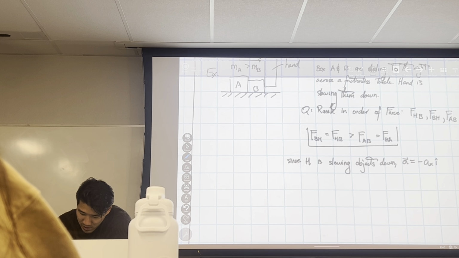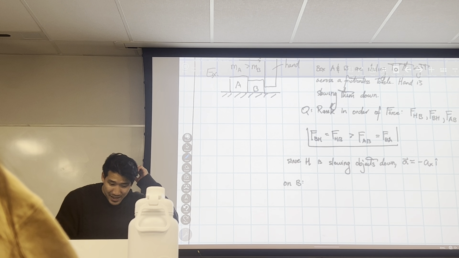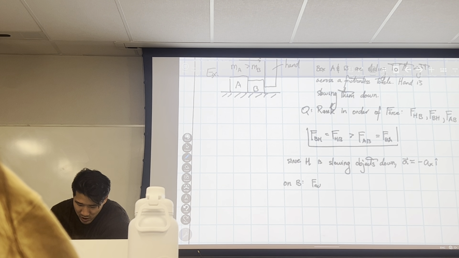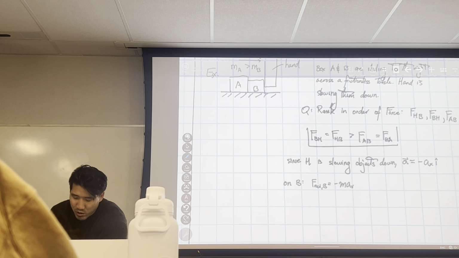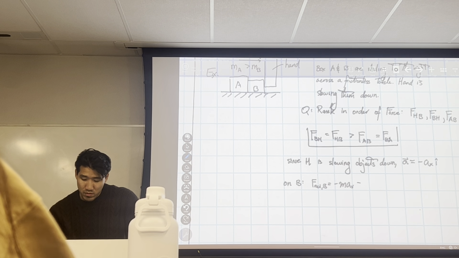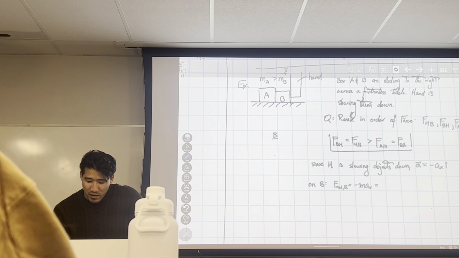Meaning, if we do an analysis on object B, we would get the following. The net force on B is going to be negative mass times acceleration in the x direction. And on object B, we have the following.